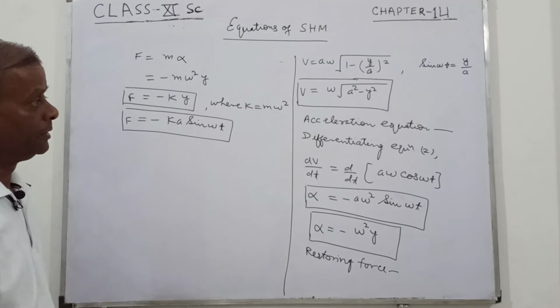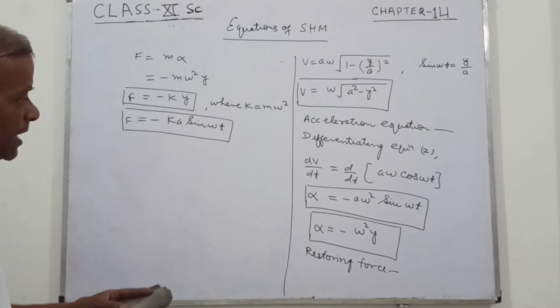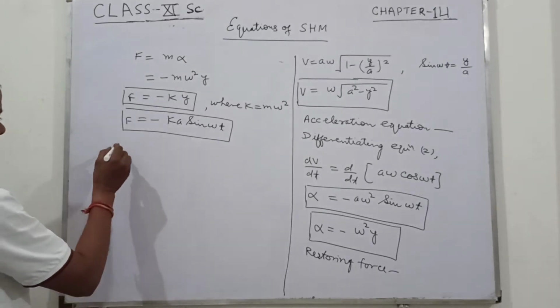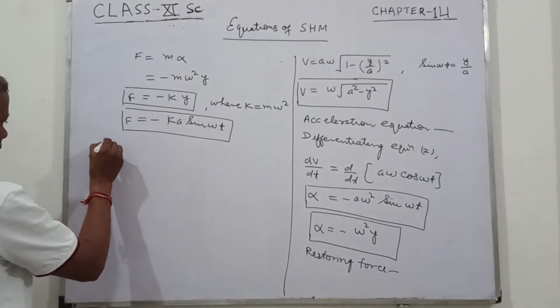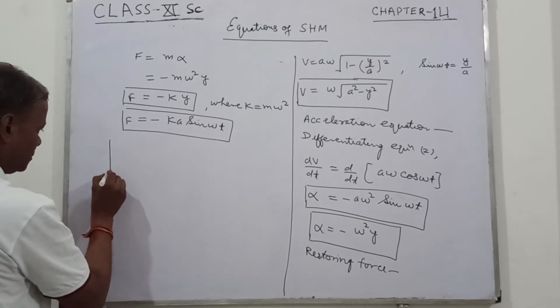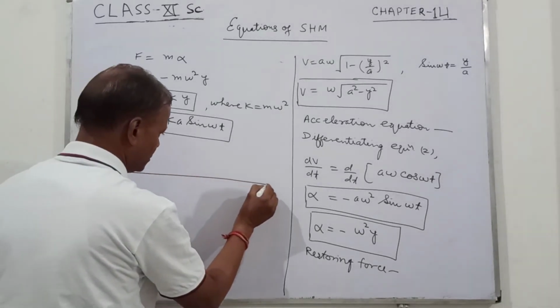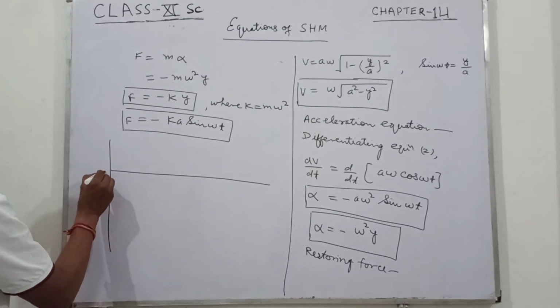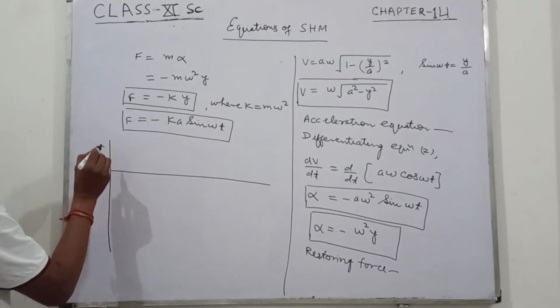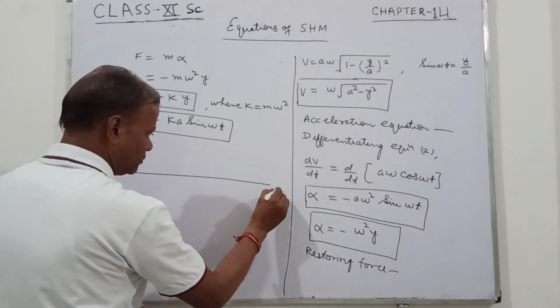So you can have the graphs for all these terms. Suppose this is 0. Here we take y, and this is time t.